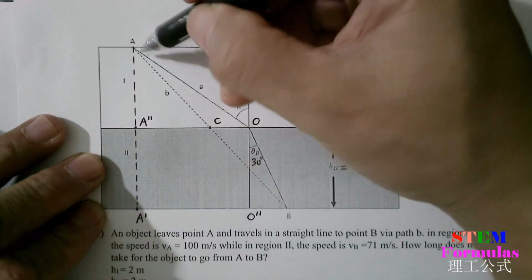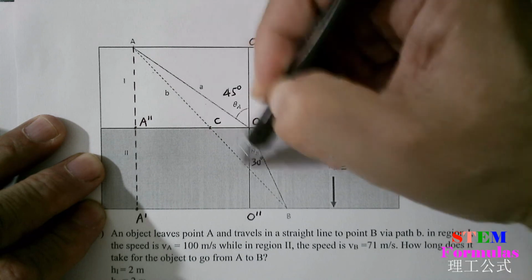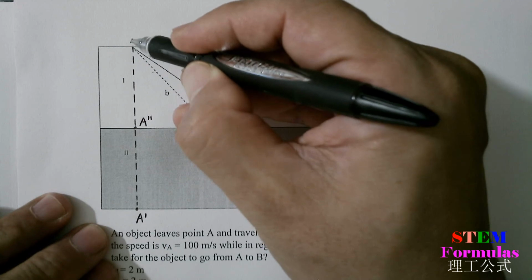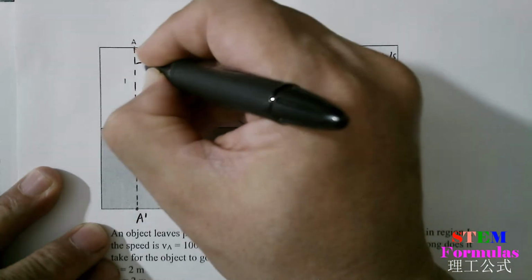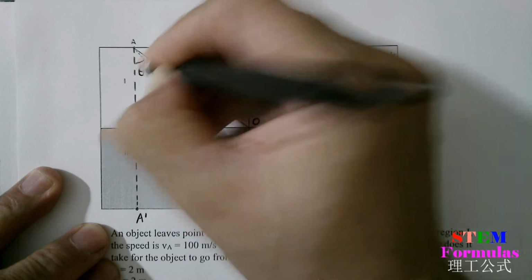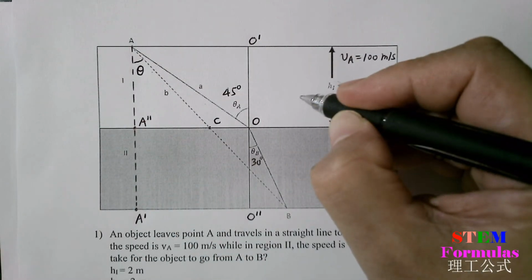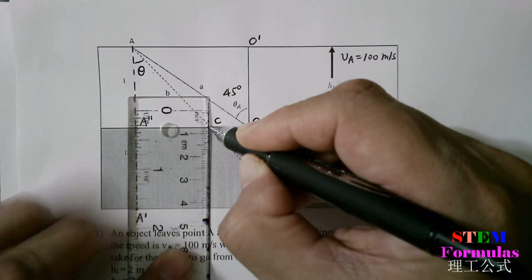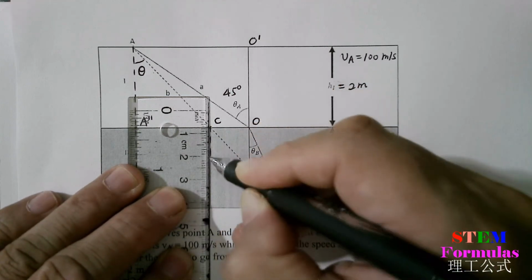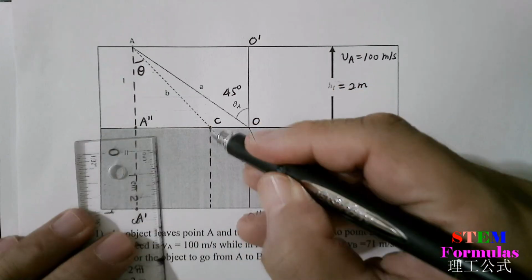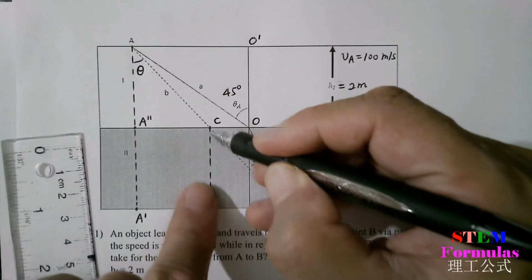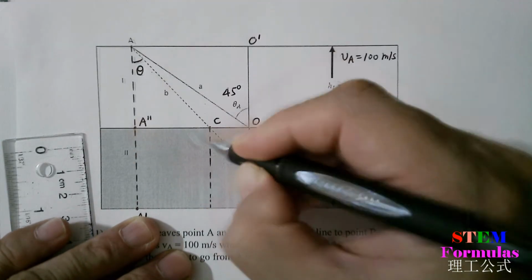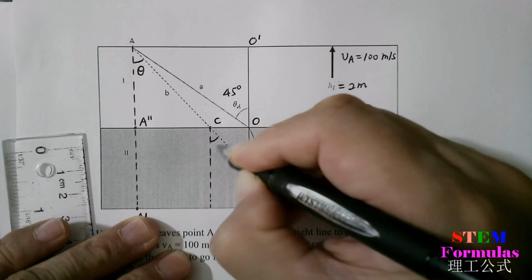The angle between this dashed line AB and dashed line A prime, this angle I label as theta. And I'm going to draw a vertical line. This line and this line are parallel. So if this angle is theta, this angle is also theta.